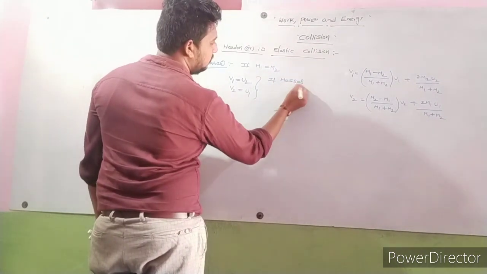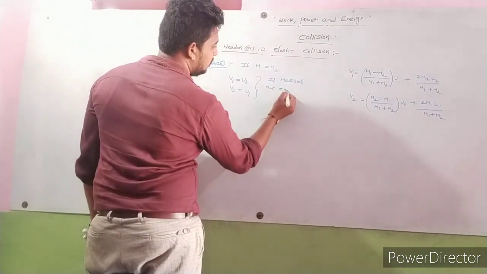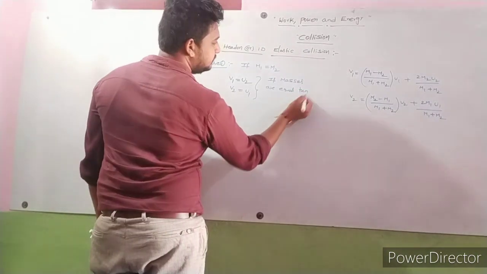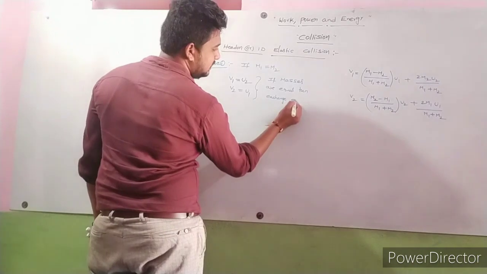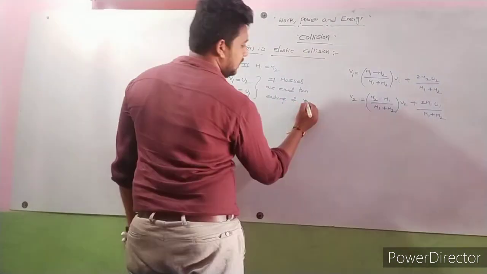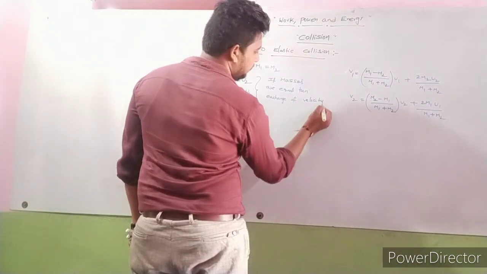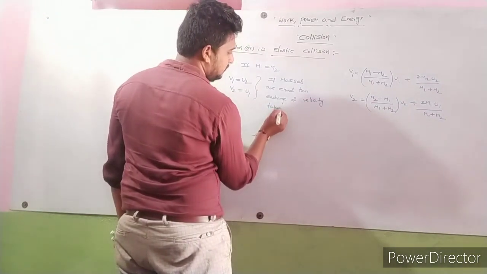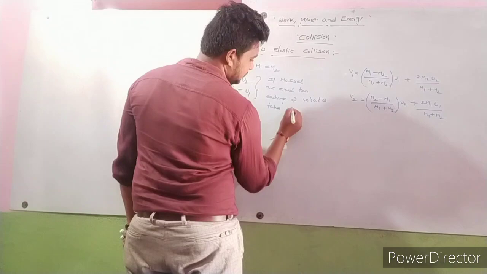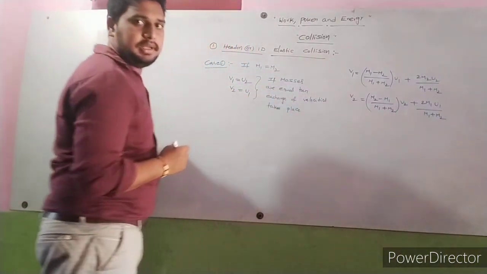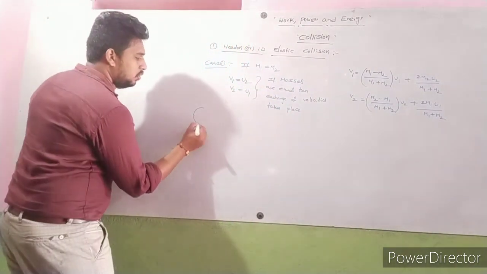So here, if masses are equal, then exchange of velocity takes place. For example, let us consider this body.